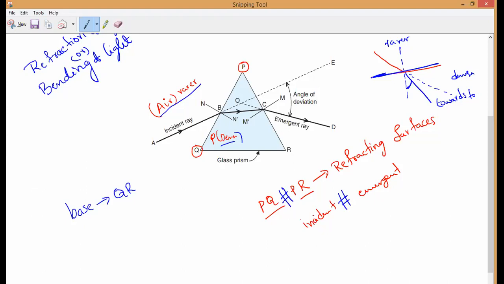Here I have drawn a perpendicular line called the normal. Normal is represented with N.